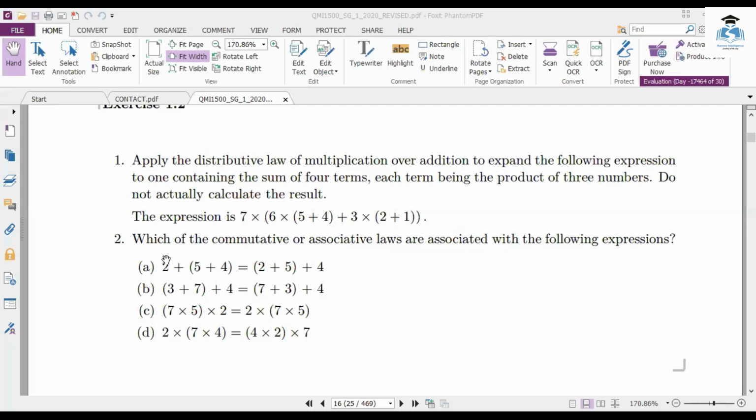Same applies. So if you are to look at this one, is it commutative or an associative law? They're saying it's commutative.